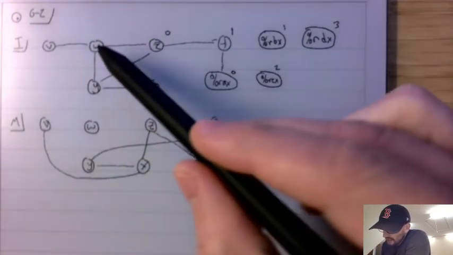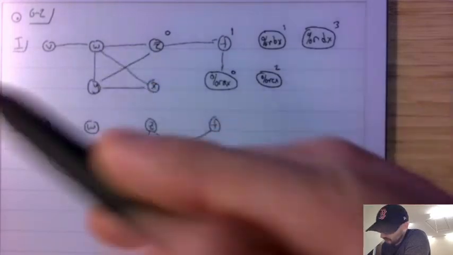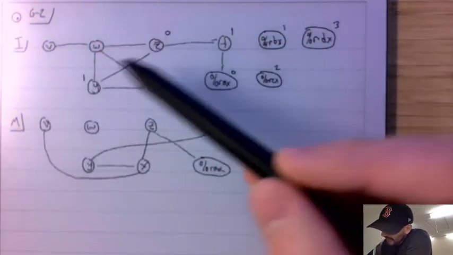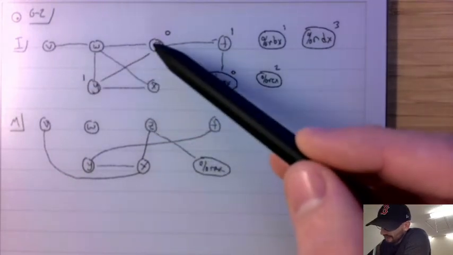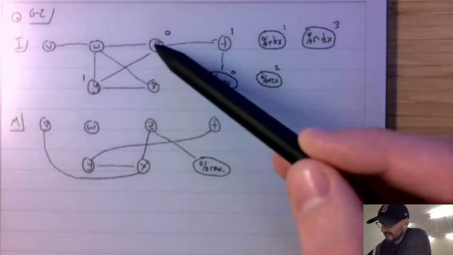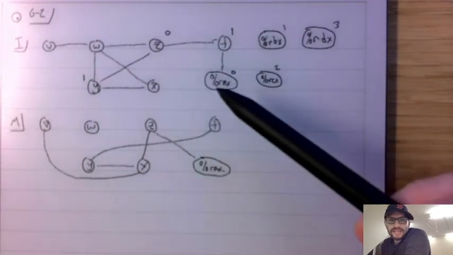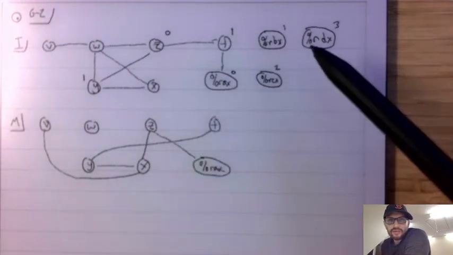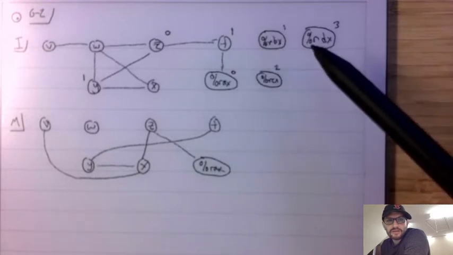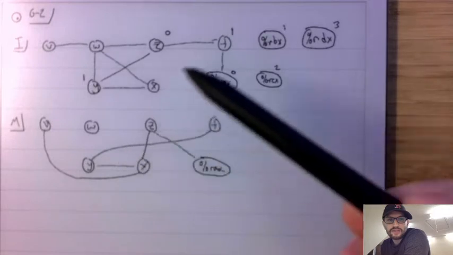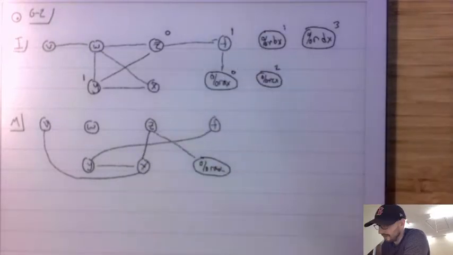So I'm actually not going to look at w right now. I'm going to choose y next and label it as 1. I can give it the label 1 because it's only adjacent to 0 right now among the things that have already been assigned. That means I can't use 0, but I could use 1, 2, or 3. Among those, I'm going to choose the one that is related to it in the move graph, because the move graph says that it's connected to t, which already has 1.